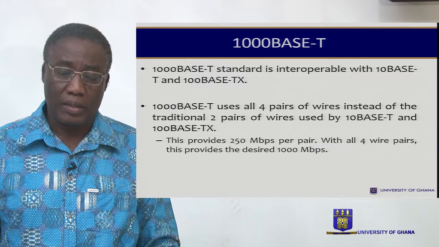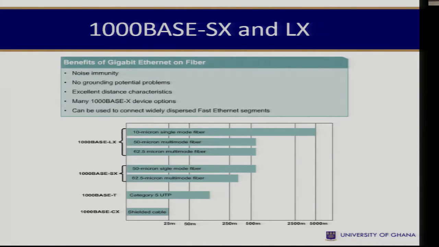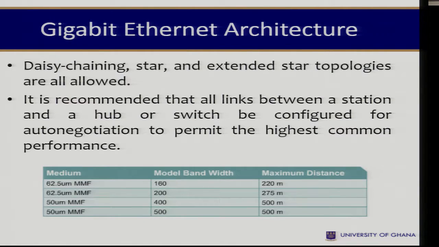That is how it's done in the 1000 megabits per second Ethernet. The table there shows you some of the benefits of Gigabit Ethernet on fiber and compares that with other forms of Ethernet. So you can look at that table and see the differences. Daisy chaining, star and extended star topologies are also allowed.